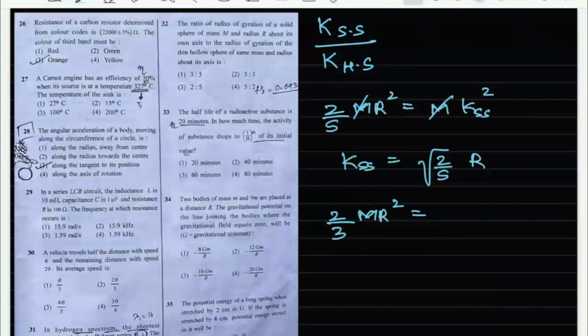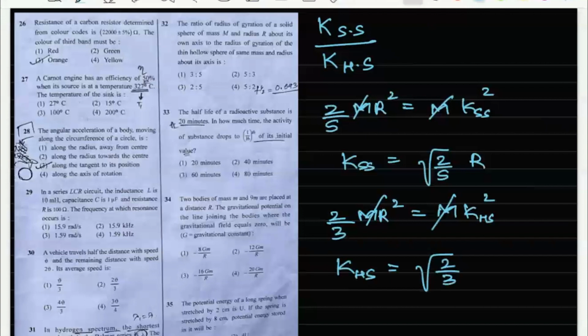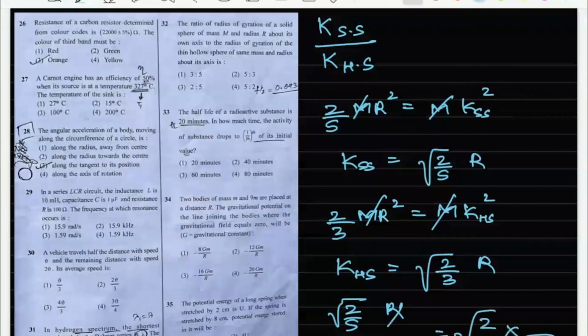So m k hollow sphere square. So my k hollow sphere value is root of 2 by 3 times r. All I have to do now is take a ratio of these two numbers. So I have root of 2 by 5 r divided by root of 2 by 3 r. So I have root of 2 by 5 and root of 3 in the numerator, 2 in the denominator. So root of 3 by 5.